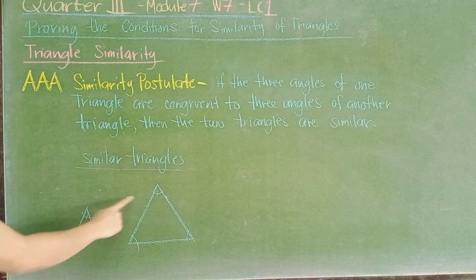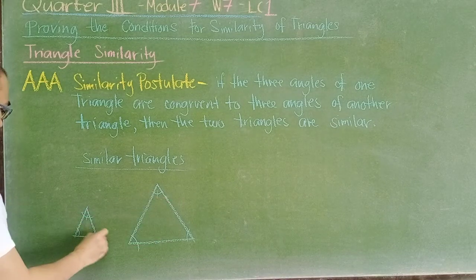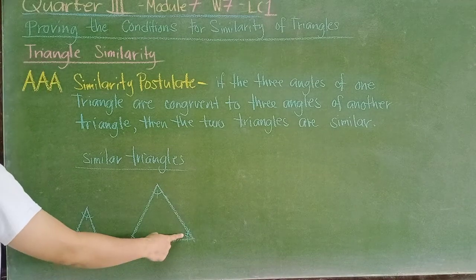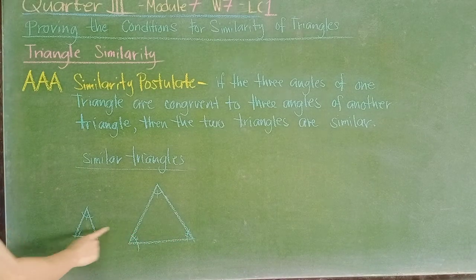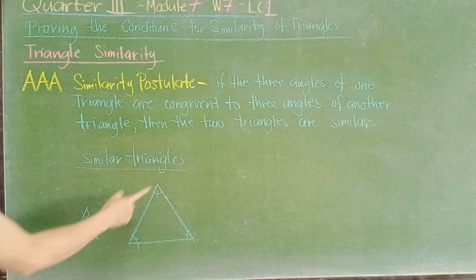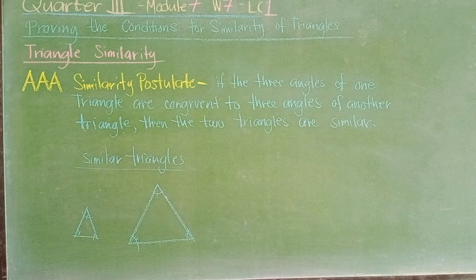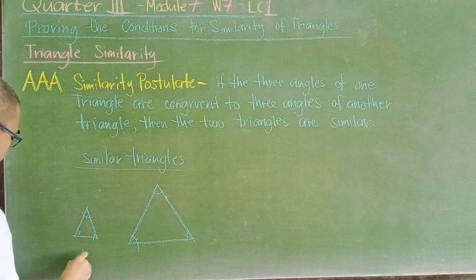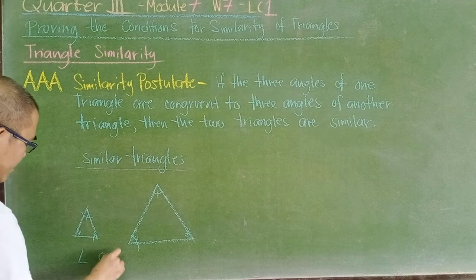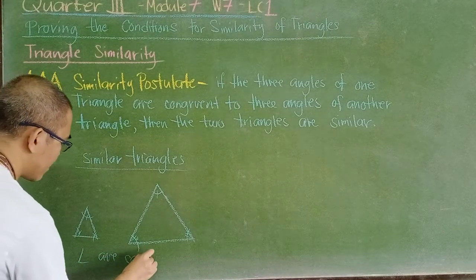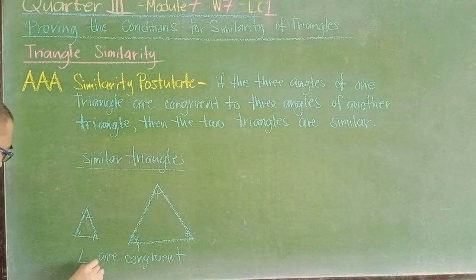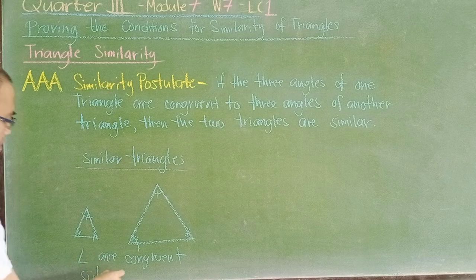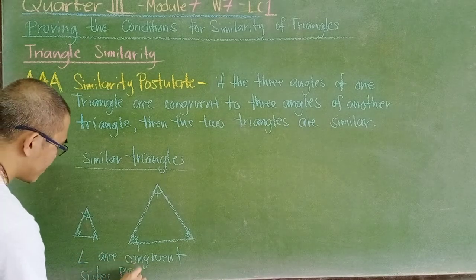If this is 30, this is also 30. If this is 120, this is also 120. If this is 30, this is also 30. Pero yung mga sides nila, proportional lang. So yung angles are congruent. Yung sides are proportional.